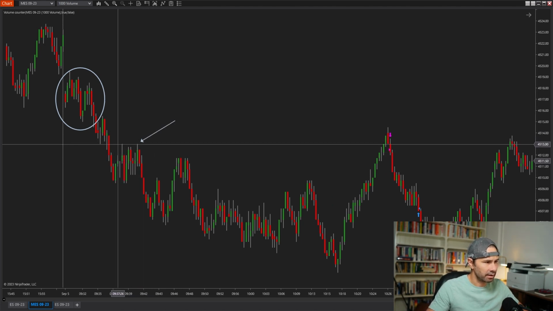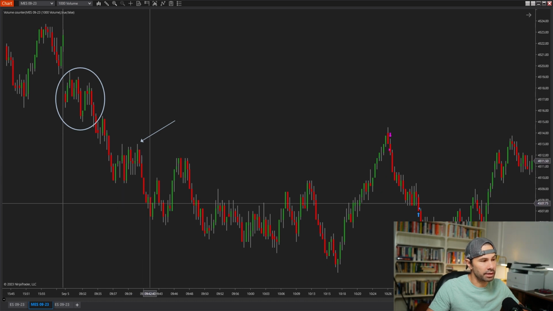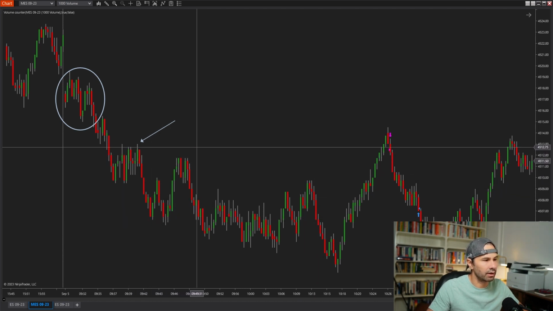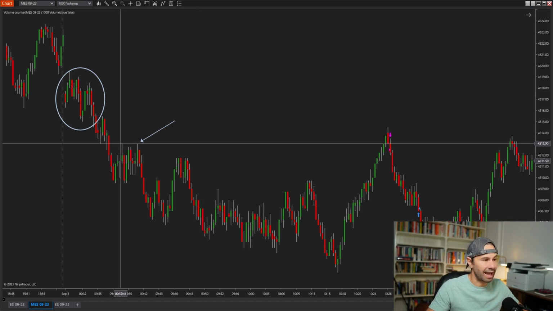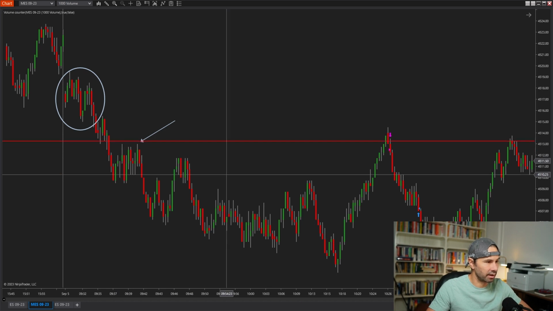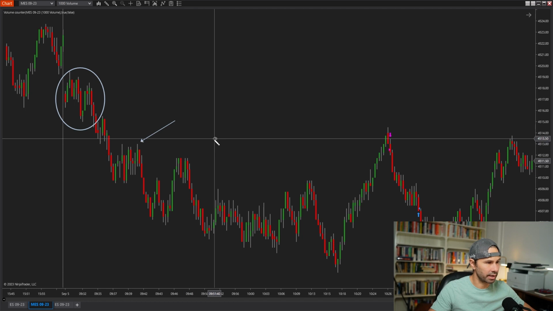A lot of stops might be here. A lot of buyers here are losing in their position because prices went down. And then when we come back here, a lot of buyers are going to bail out. And a lot of short sellers have their stop around this level. That's 13. I went and put my order right here.